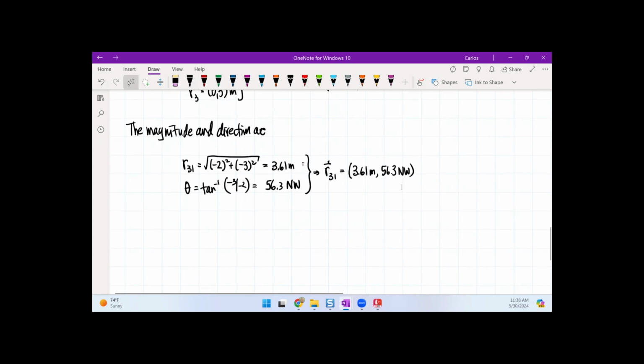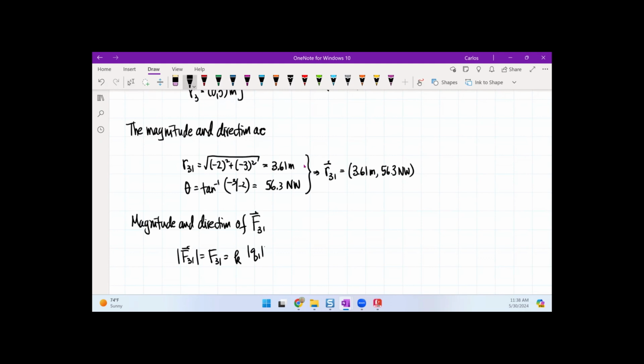So now that I have that, let's get the magnitude and direction of the force vector F31. The magnitude is going to be K times the quantity Q1 Q3 over the absolute value of R31 squared.